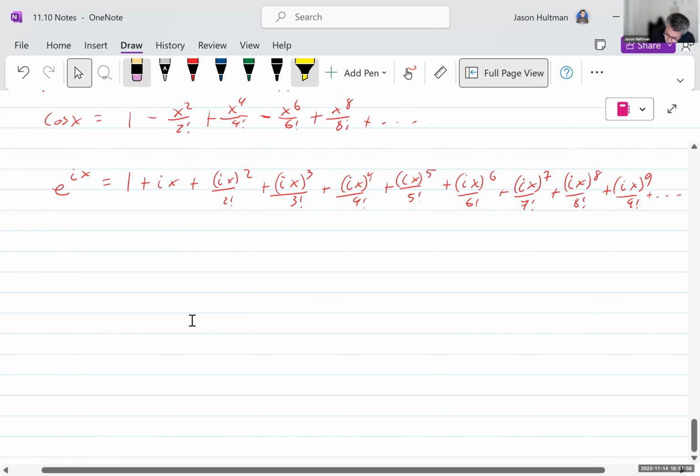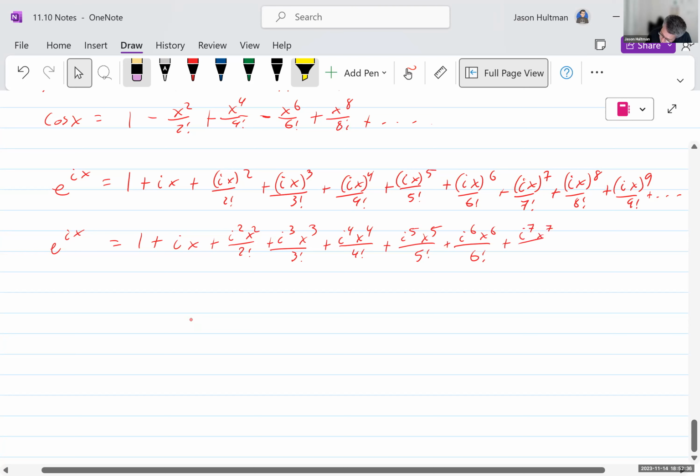So now what do we get? Well, let's simplify this a little bit more. So this is e to the ix, 1 plus ix plus, this is i squared x squared over 2 factorial, plus i cubed x cubed over 3 factorial plus i to the 4th x to the 4th over 4 factorial plus i to the 5th x to the 5th over 5 factorial plus i to the 6th x to the 6th over 6 factorial plus i to the 7th x to the 7th over 7 factorial.